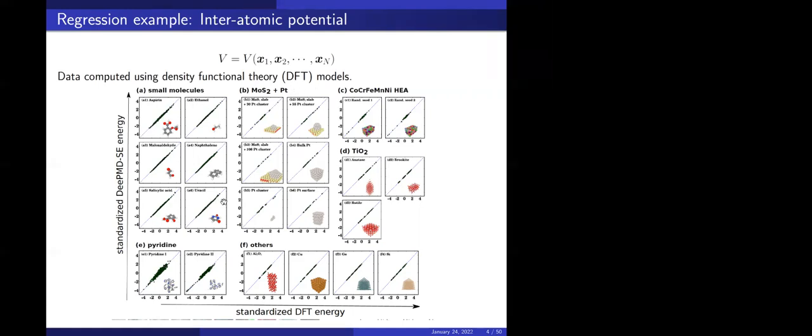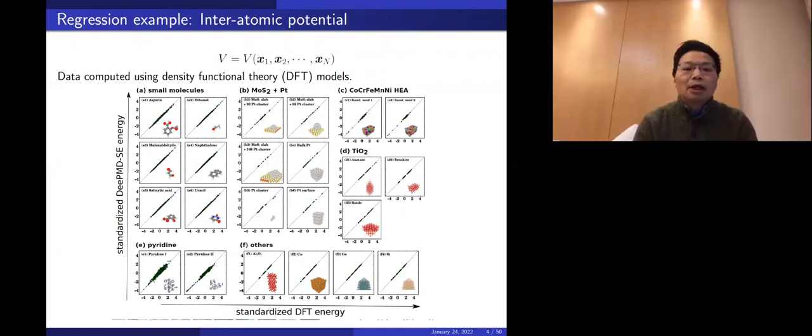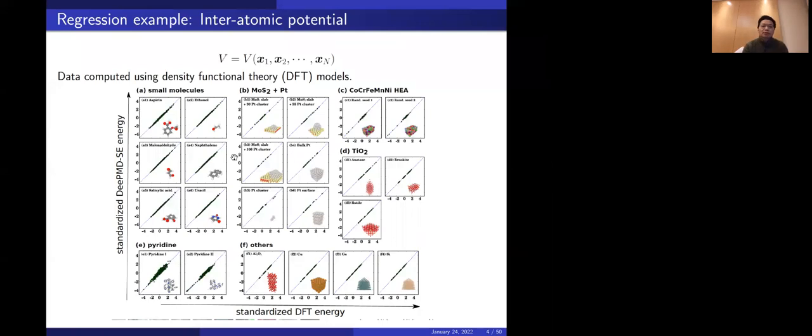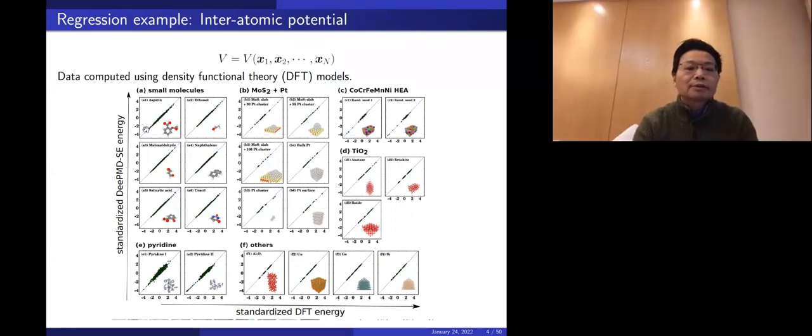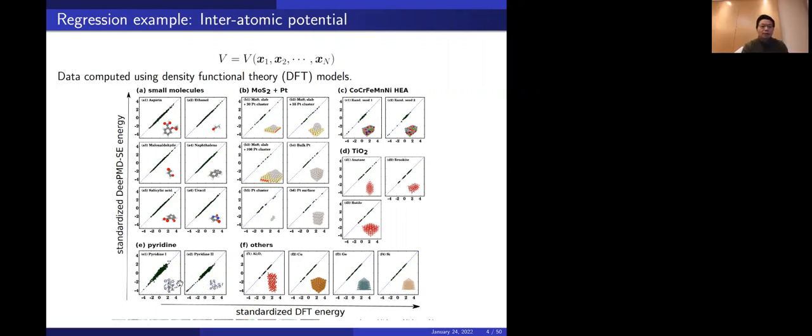And here are the results of a particular deep learning model called the deep potential model. You can see across a very wide range of molecules and materials, starting from small molecules, this is aspirin, this is ethanol, and this is a big molecule like pyridine. And these are simple metals or alloys.